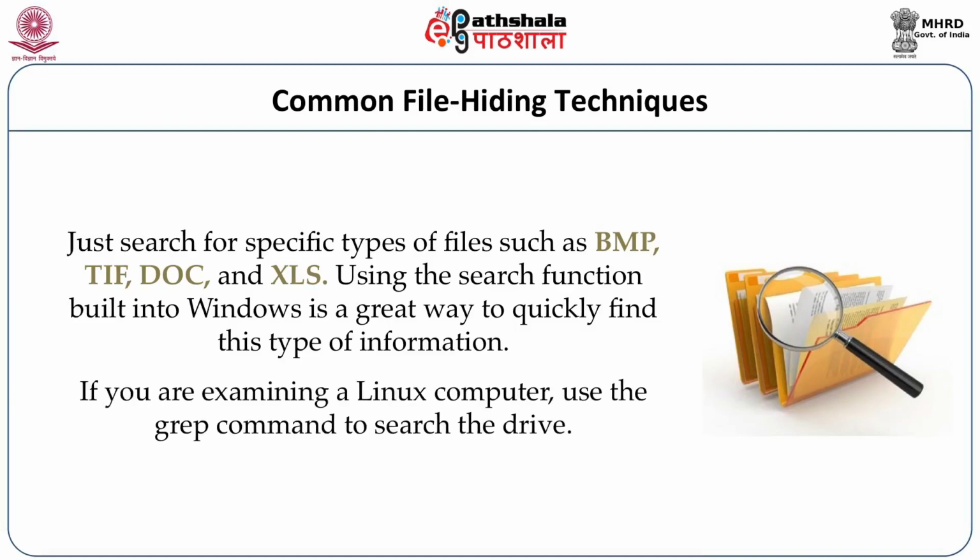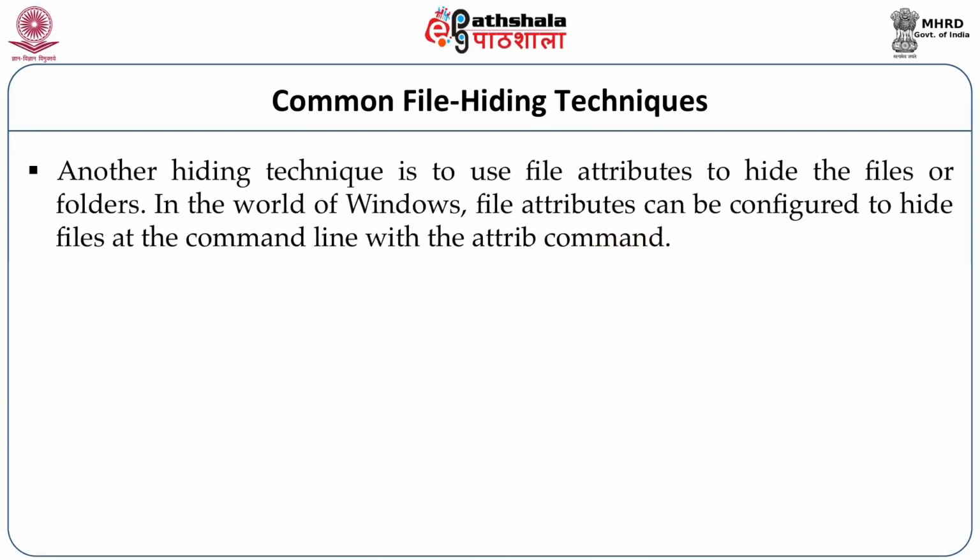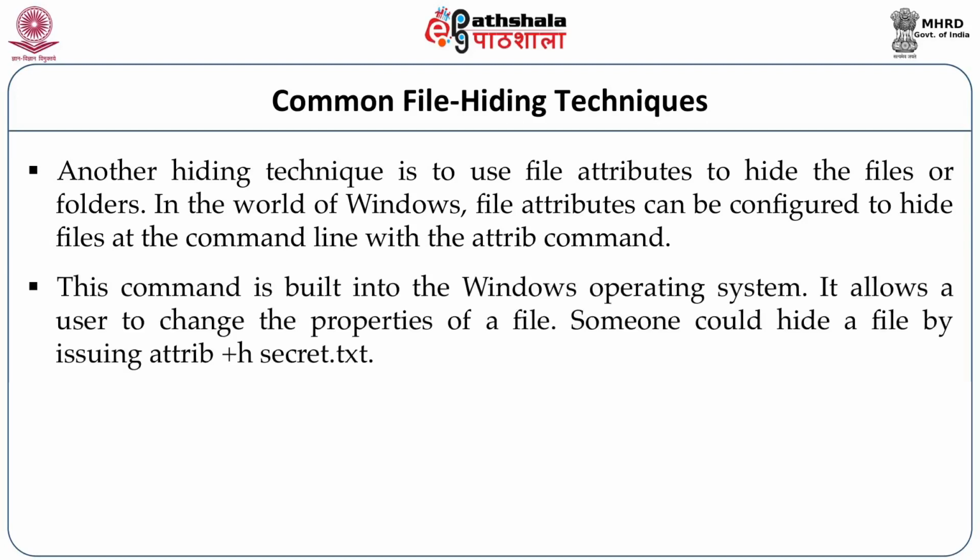If you are examining a Linux computer, use the grep command to search for the files. In the Windows operating system, there is an attrib command. Use +H to make the file hidden, and this makes a file invisible in the command line environment. If you want to see the hidden files, open a browser window, choose Tools, Folder Options, View and Show hidden files.